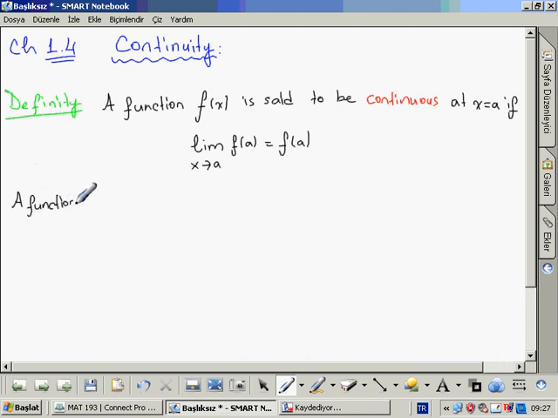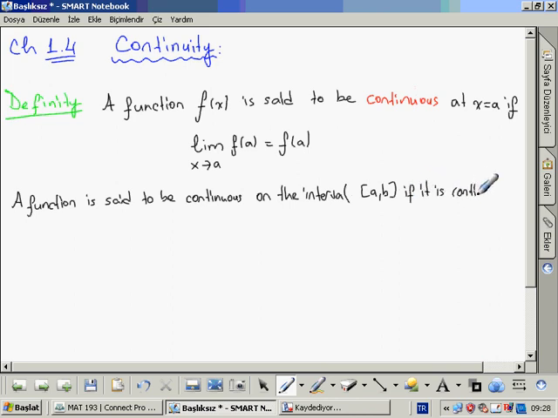A function is said to be continuous on the closed interval a, b if it is continuous at each point in the interval.